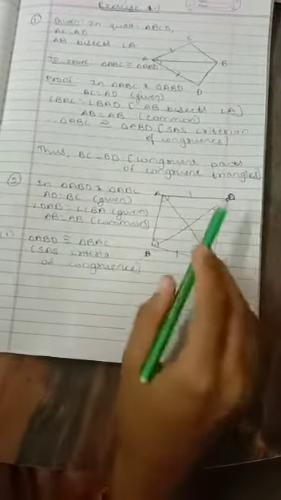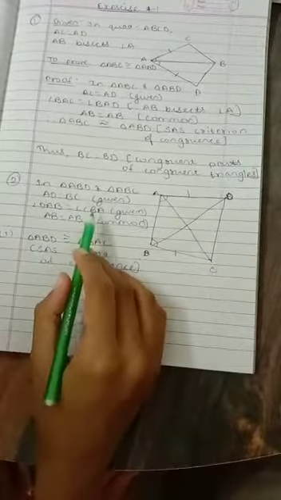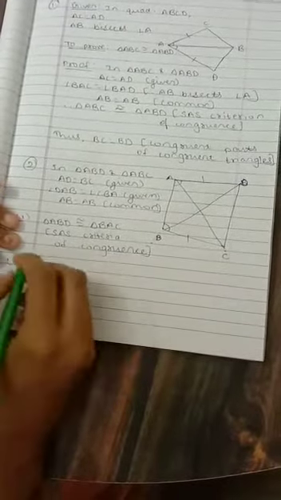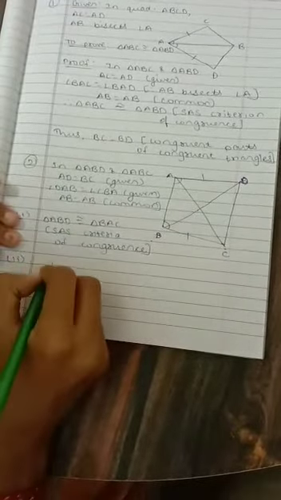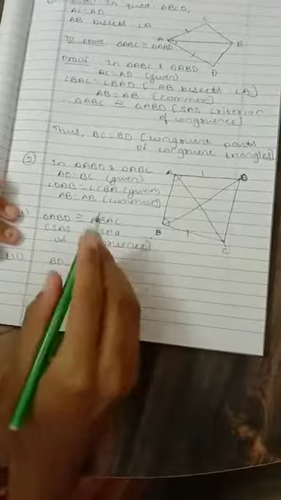That is, in triangle DAB, side angle side, and CBA, side angle side. So by this way we can prove it. Second thing we have to prove is BD is equal to AC. It is also proved. BD is equal to AC.